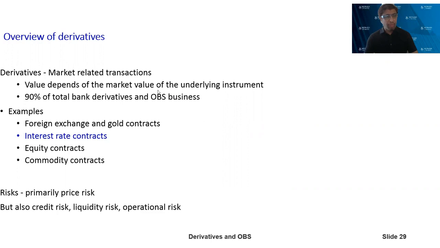So the value depends on the market value of the underlying assets, like the changes in the exchange rate or the interest rate or the equity market or even the commodities. 90% of total bank derivatives and OBS is actually in this work of derivatives. Now, we can have contracts for foreign exchange and gold contracts, interest rates, equity contracts, and commodity contracts. Actually, we are concentrating and testing here the interest rate.